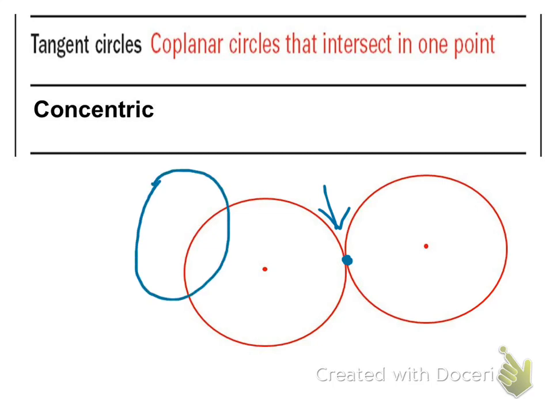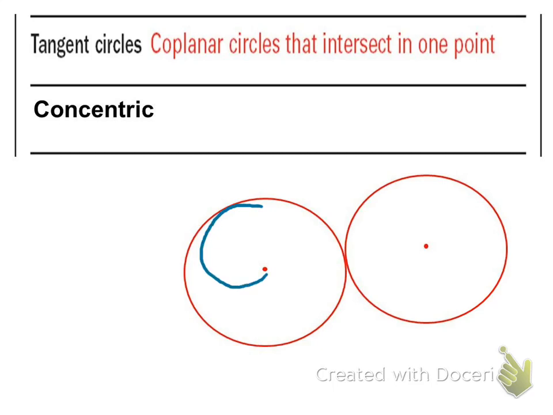Are they tangent? Why not? They intersect at two different points. Okay, so those are not tangent to each other. What about these two circles? Yes, they are tangent. There's one point where they intersect each other. They have a point of tangency right there. Okay, so tangent circles. They are coplanar circles that intersect in just one point.